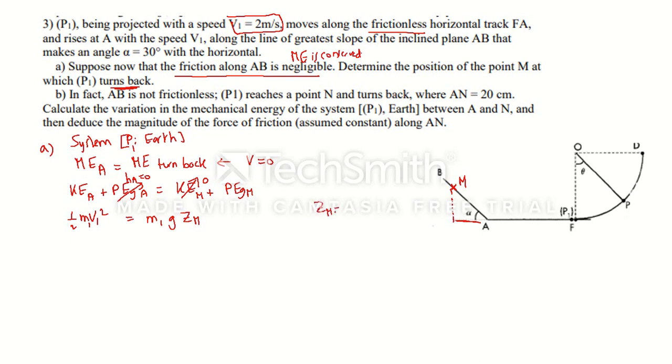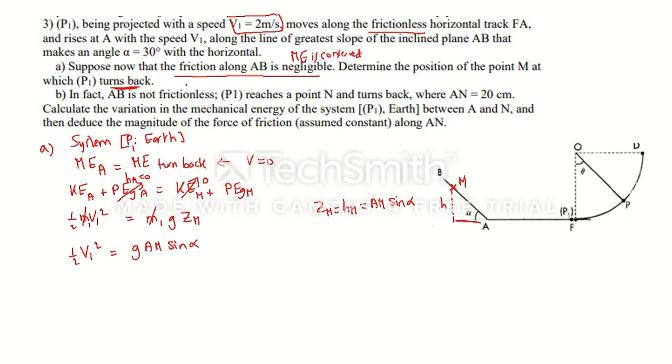So Zm is equal to plus Hm, which, if we notice here, is opposite to the angle alpha. So for this height we'll use sine alpha: it will be AM, the hypotenuse, times sine alpha. And then m1 and m1 are simplified, so half v1 squared is equal to g times z, which is AM sine alpha.